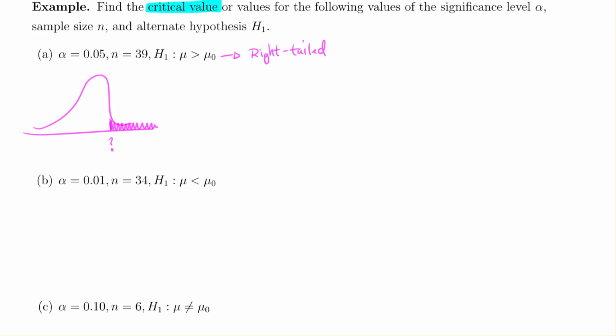Now we know for the t-test, we have something called degrees of freedom, and the degrees of freedom is the sample size minus 1. So here my degrees of freedom is 38.